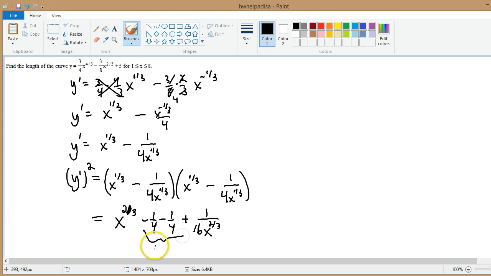These combine to be our minus a half, and then we go to add 1, and I'll change this minus a half to a plus a half.